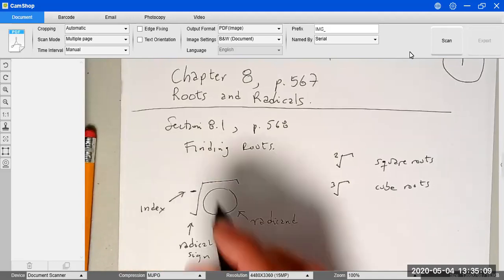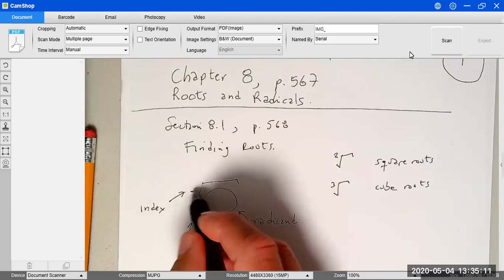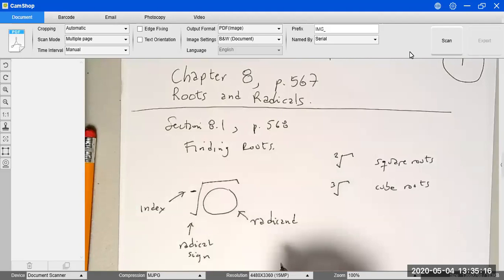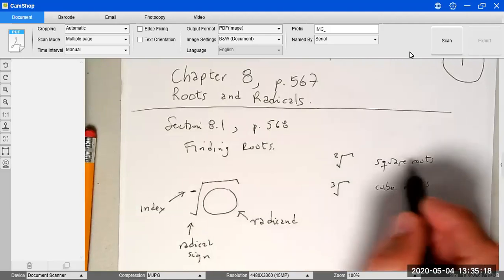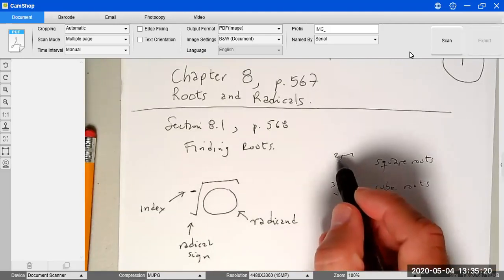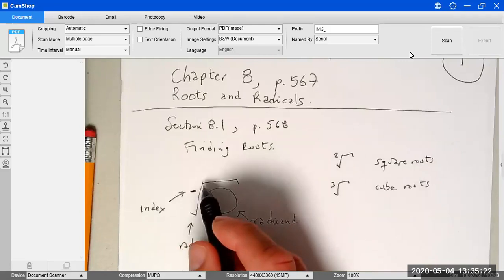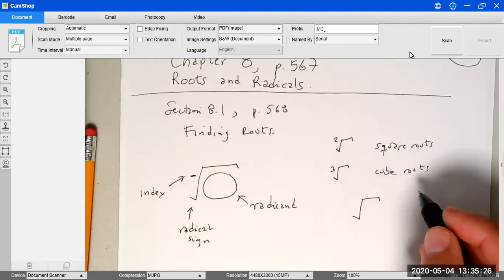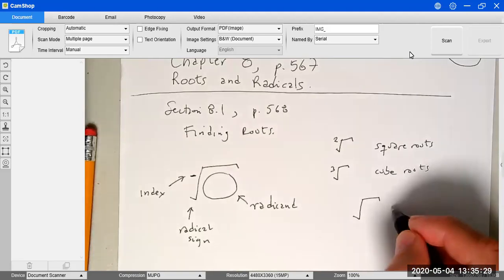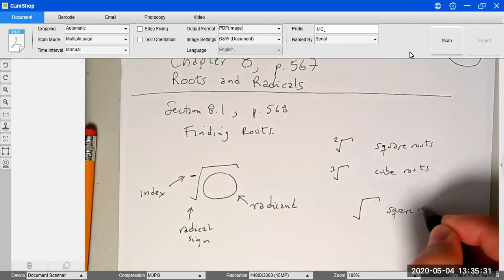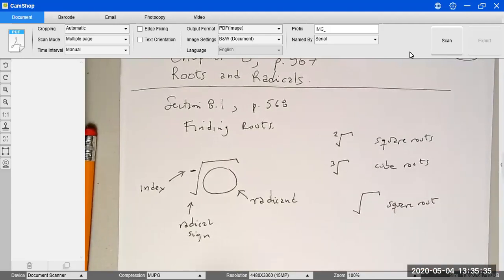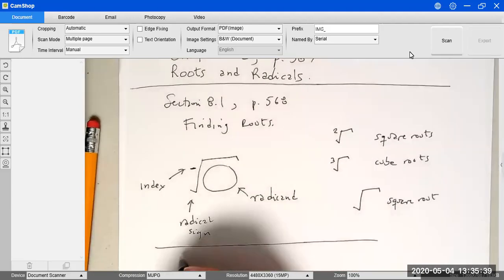There is a number, usually an integer, a small number, that goes here, and we call that the index. When we are taking square roots, the index is 2, and usually we don't write the index. So anytime that you see just this radical, you should understand that this is a square root, so there is no index there.